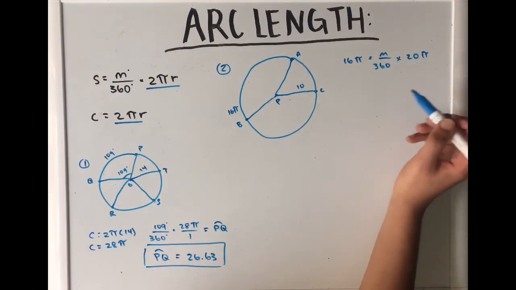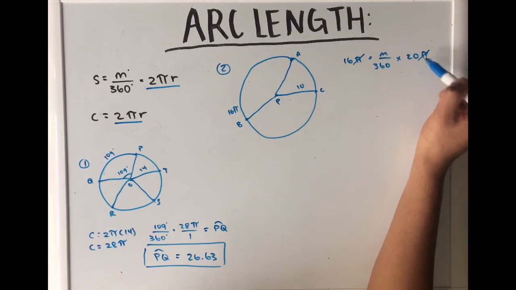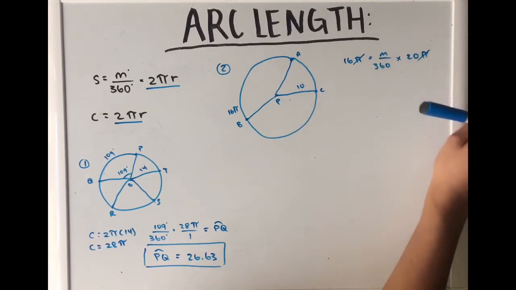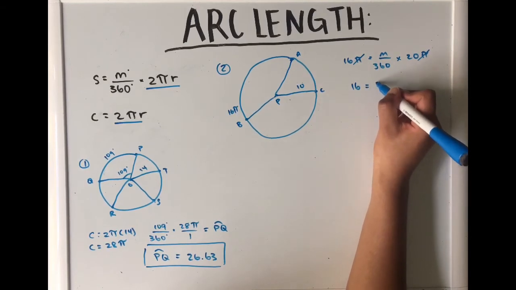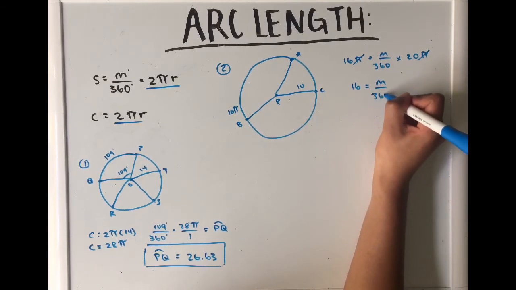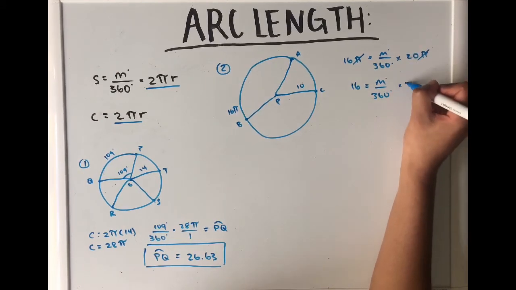So now we can eliminate the pi because it's on both sides of the equation, and then start solving. So 16 is equal to m over 360 degrees multiplied by 20.